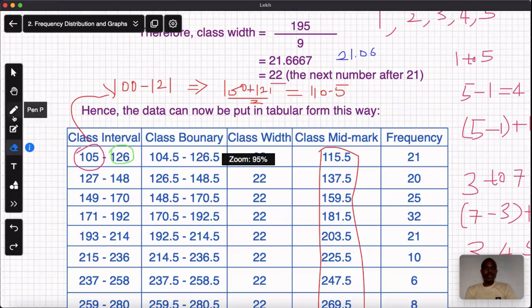The reason why I used 100 before was that the lower class limit of your first class should be less than or equal to the minimum that you have. And don't forget that our minimum in this case is 105.